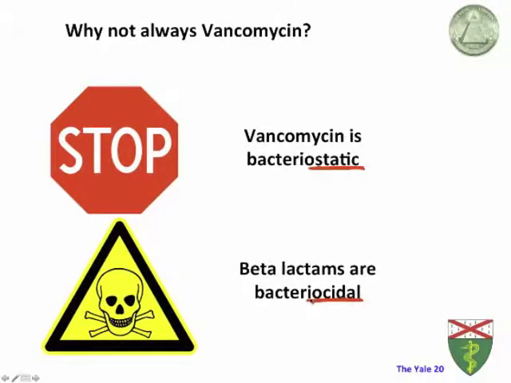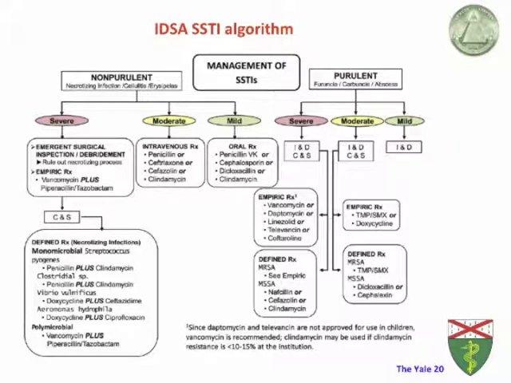So if you think this is a strep infection, even if the patient looks toxic, you can pick a beta-lactam rather than vancomycin because you're going to get a bigger effect because of the bactericidal effect rather than the bacteriostatic effect.